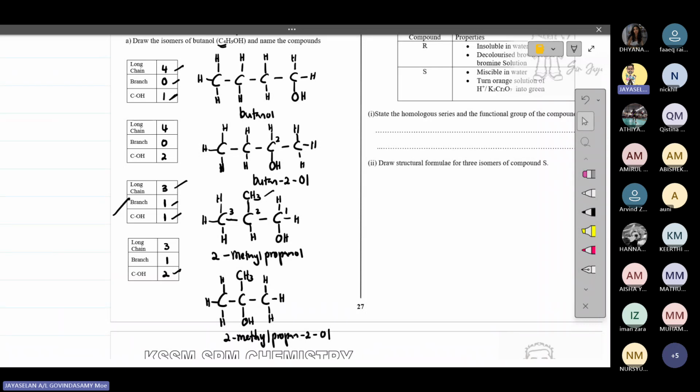Okay, we try to draw another SPM format question. This will be an essay question. Okay, I put 2 sub-questions.